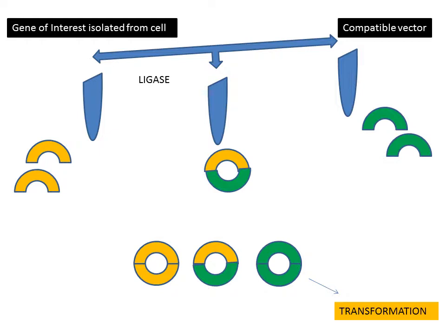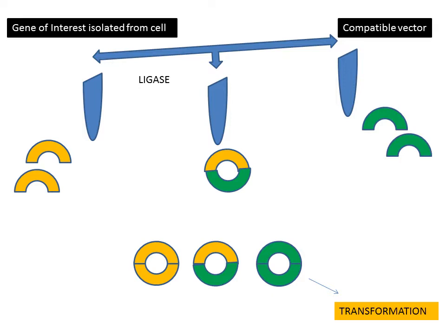The first possibility is that the gene of interest is self-ligated. The second possibility is that the plasmid is self-ligated, that is, the vector is self-ligated, and the third possibility is ligation of the gene of interest to the plasmid. So there are three possibilities, and with these we can have three results. Out of these we only aim for the recombinant one.